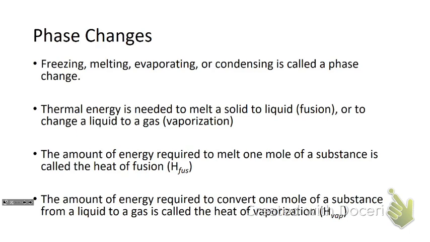We'll go over that table soon. So when you are melting, going from a solid to a liquid, you're going to use heat of fusion. And when you're turning into a vapor, you're going to use heat of vaporization. Just make sure you know when to use each formula.